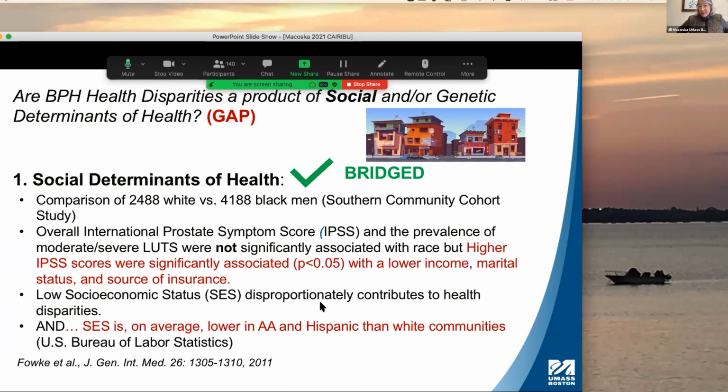And other studies have shown that low socioeconomic status does indeed disproportionately contribute to health disparities, and SES is on average lower in African American and Hispanic populations than in white communities. And so we can see here that some of these social determinants of health clearly are affecting health disparities.